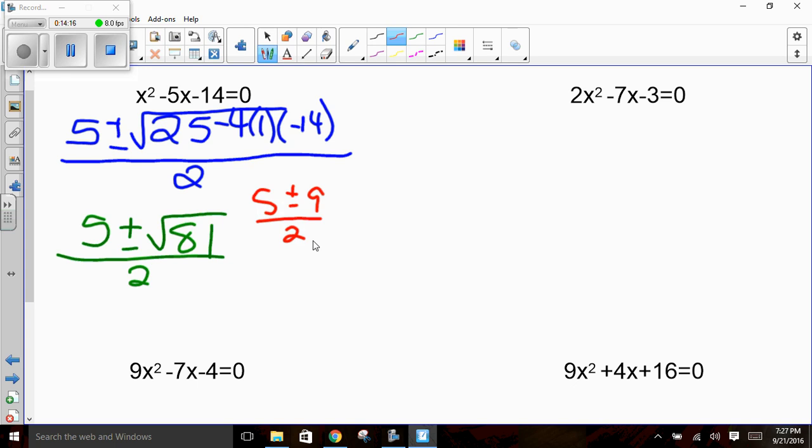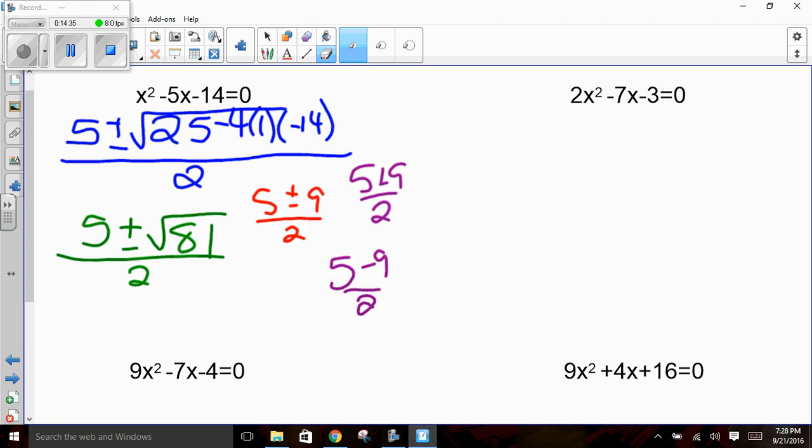So in my calculator, I'm going to split this problem up. I'll write it out so you guys can see what I'm talking about, but I want you to be able to just do it in your calculator, so that way you don't have to write all these extra steps. So when I split this problem into plus or minus, I have one fraction with a plus in the middle, one fraction with a minus in the middle.